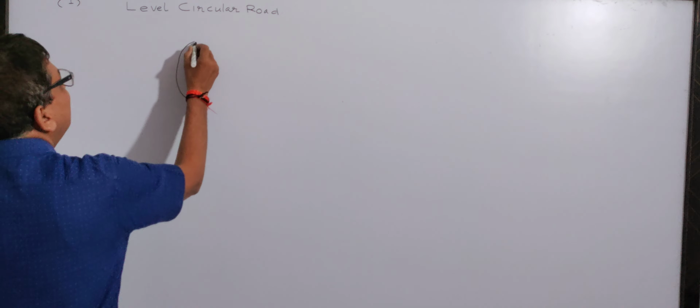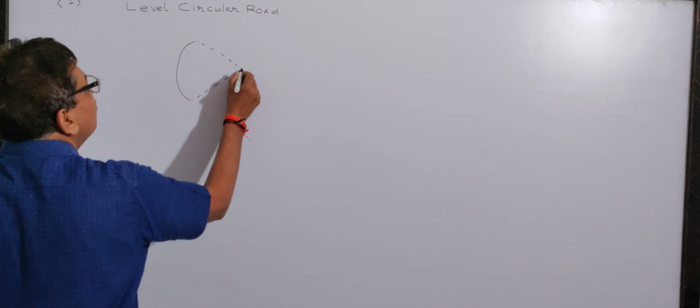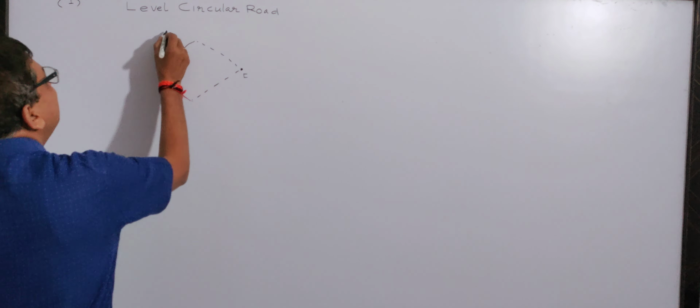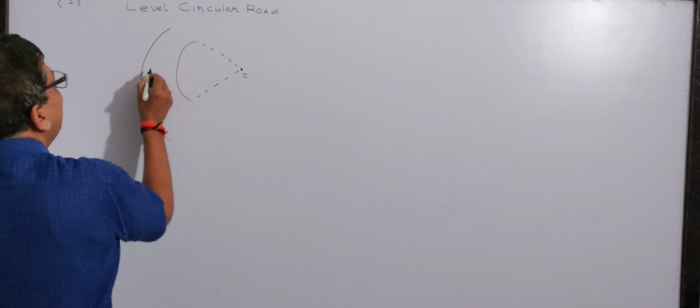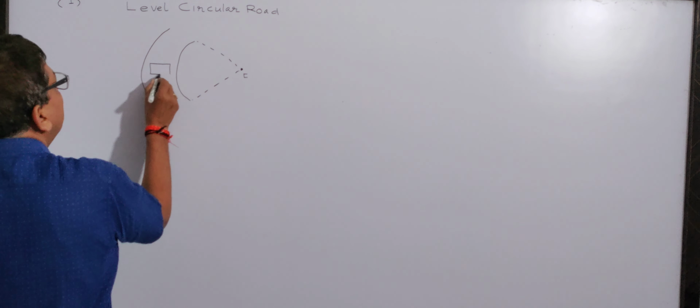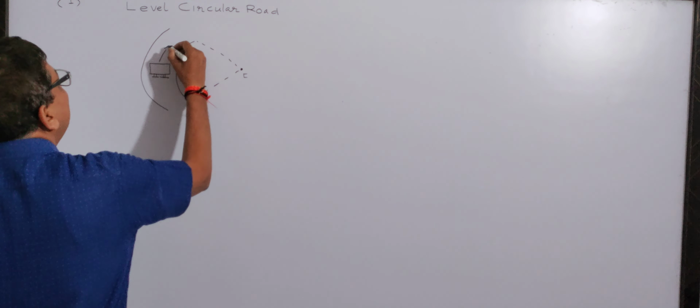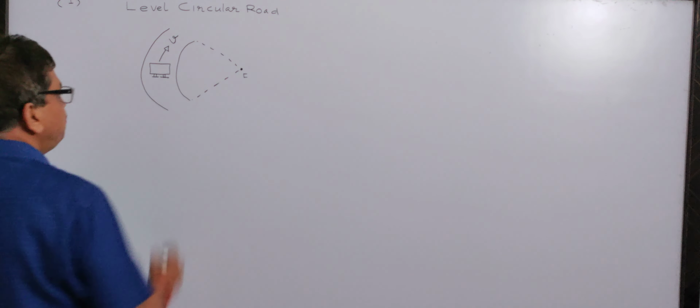Suppose this is the center of the circular track, and this is the road, and on this an object is moving. Let us take its speed as v.